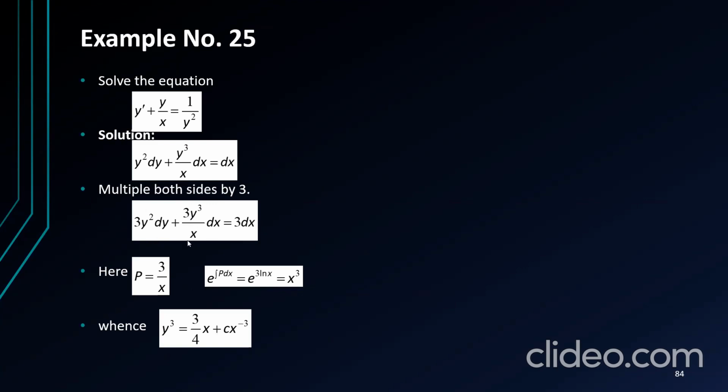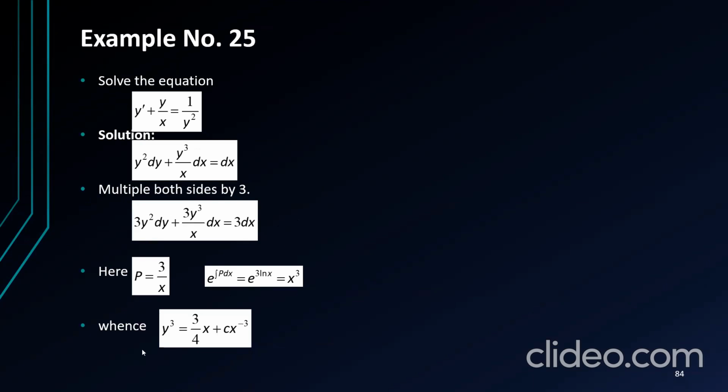So ito, mabubuo ito as x cube y cube. Pero integrate mo. So ito naman, 3x exponent 3 magiging 3 over 4 x exponent 4 plus a constant.